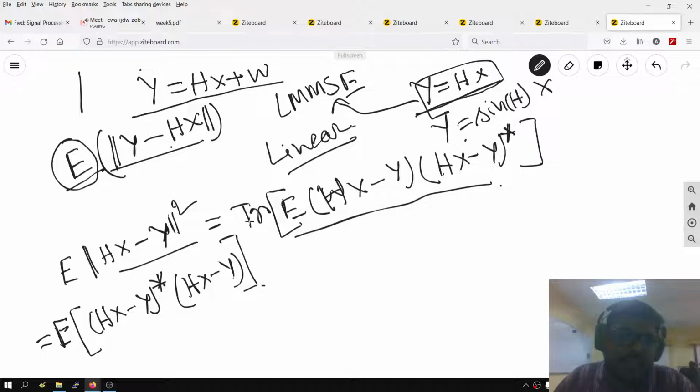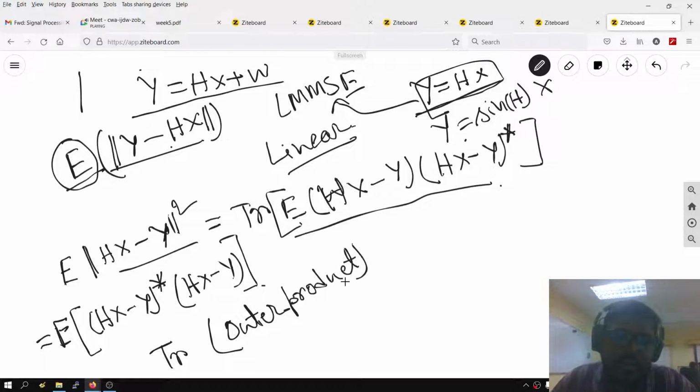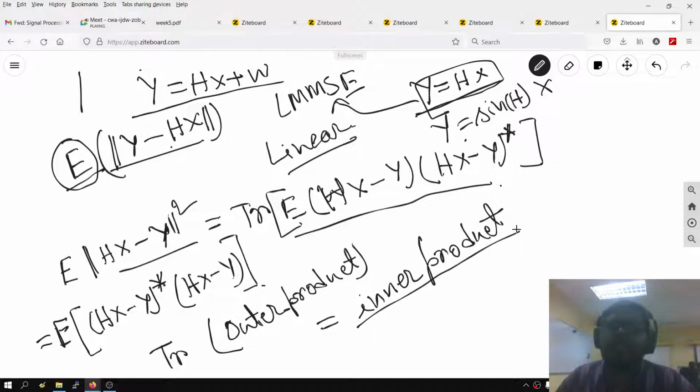So if I take the trace term out, this is a property of vector algebra. If I take the outer product, the trace of the outer product of two vectors is equal to the inner product. So according to this, we can write this equal to this. So let me derive it more.